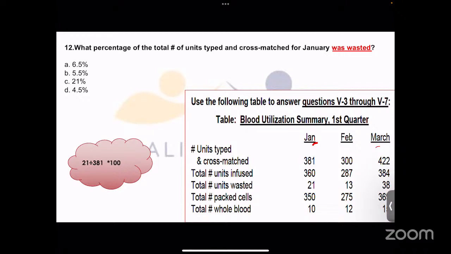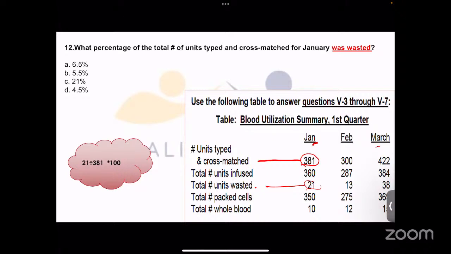We have here total units infused in January 360. The wasted units, we have 21 for January, 13 in February, and 38 in March. The wasted units are those that are not used. Now we calculate. In January, the total cross-match units are 381 and wasted units are 21.